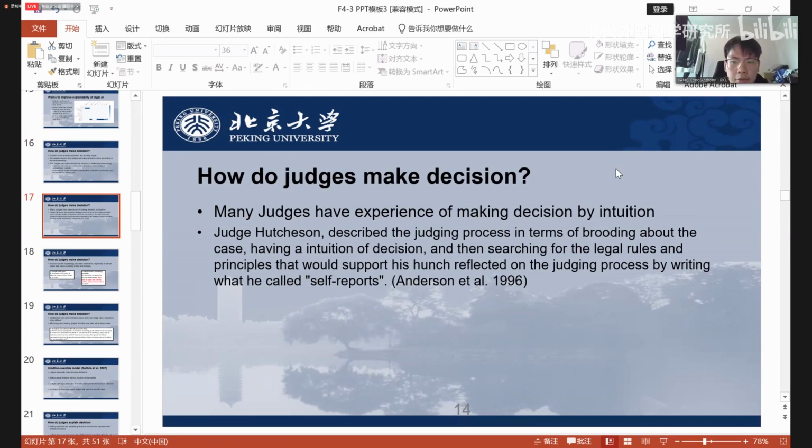The first is brooding about the case's facts, and then he will have an intuition of the decision, and then try to use logic and his mind to search for the appropriate legal rules to apply to support his intuition. He called this mental process self-reports in judgment.